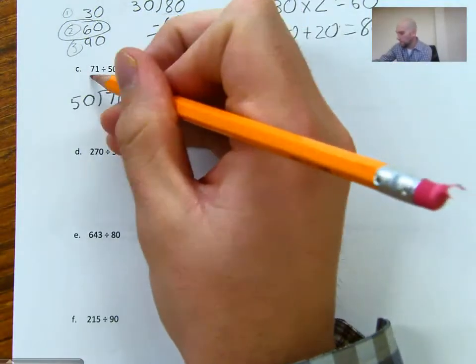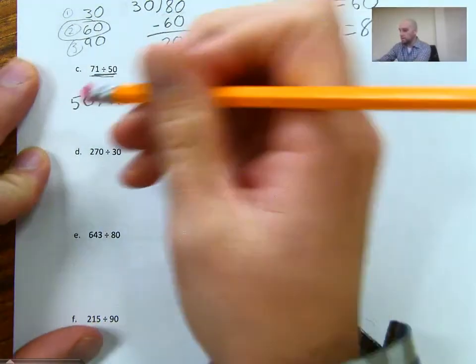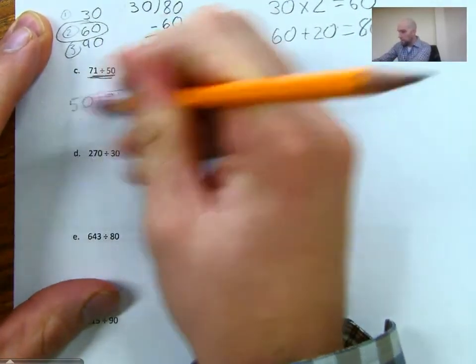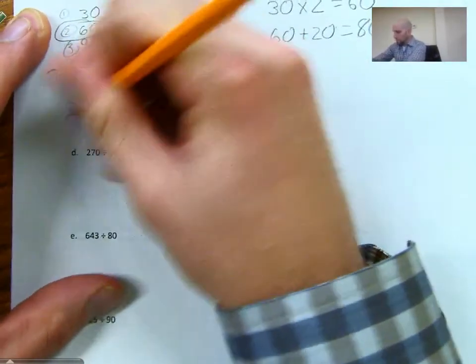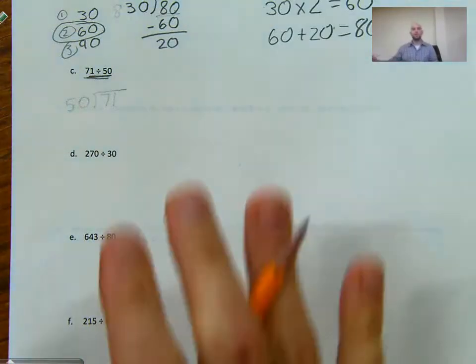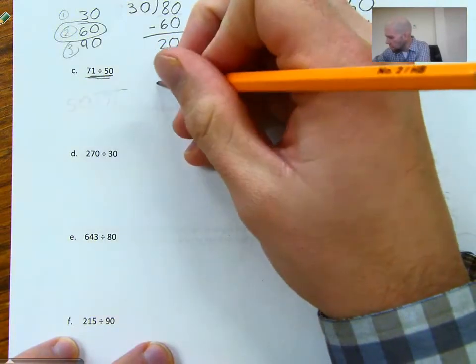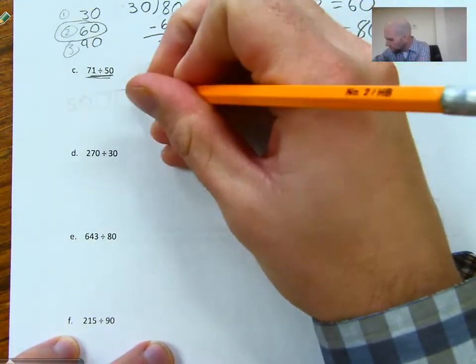If we want to switch to a long division type method or standard algorithm, we need to flip those around. I think I wrote this a little too far to the left. I want to have space to write as I move down my paper. So I'm going to do 71 over here, divided by 50.